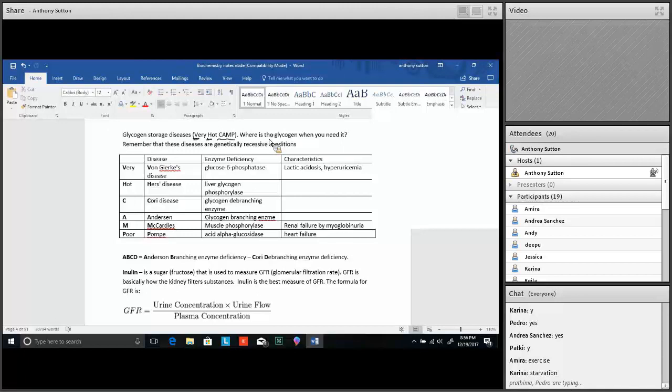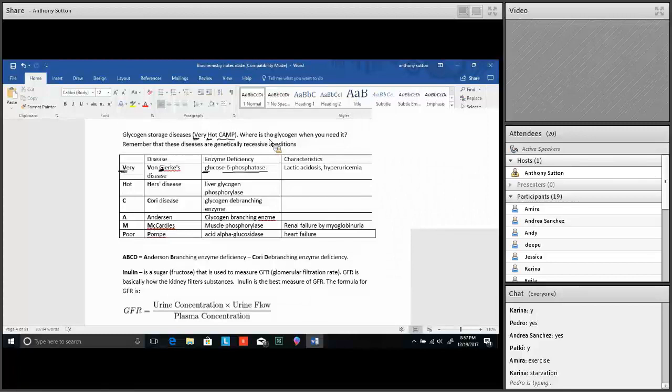Very hot camp. Now watch this. The V is for von Gierke's. Look here. Von Gierke's has the letter G in it at the end. That G, I always like to think of glucose. So now I know that with von Gierke's, the problem is with glucose 6-phosphatase.